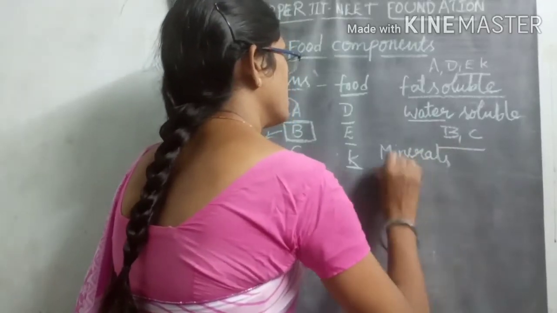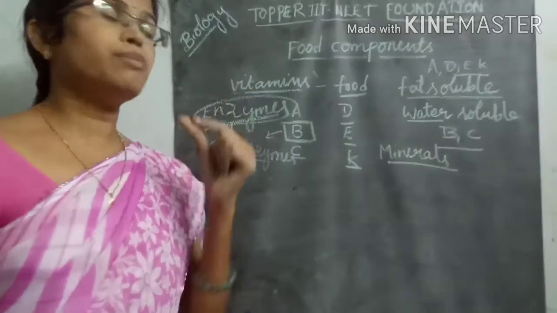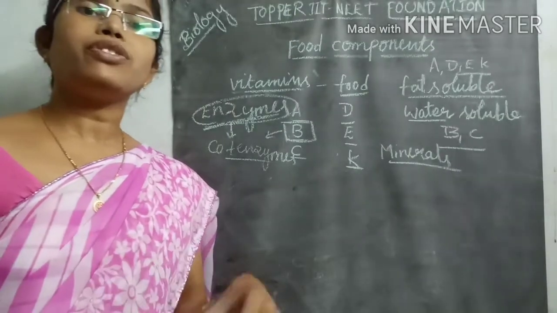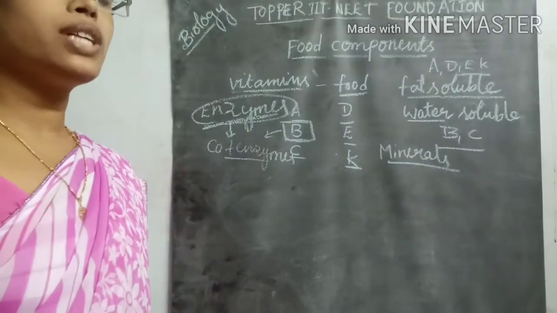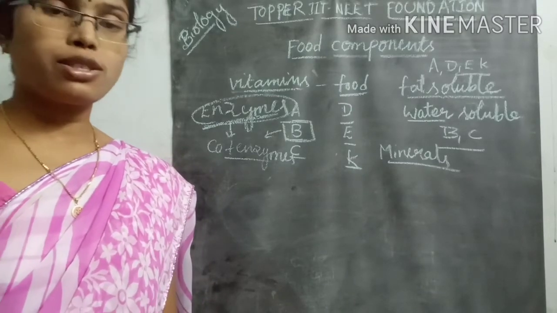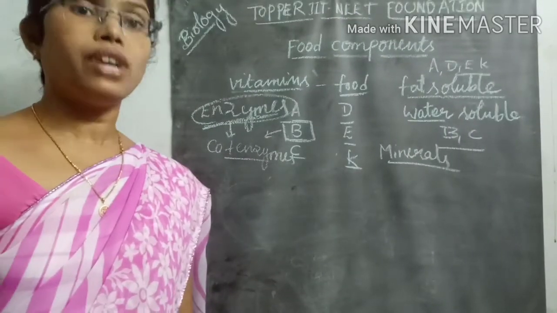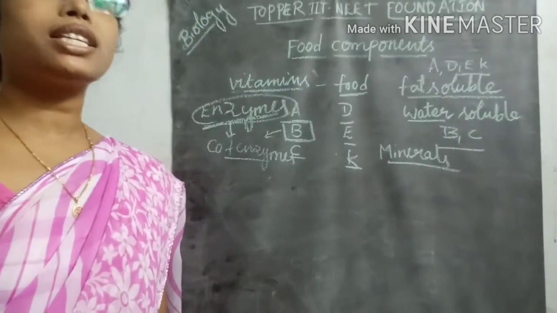Minerals. Along with these vitamins in our body from the food material, we can also take some amount of mineral-containing food materials, because these minerals are also responsible for different chemical reactions.